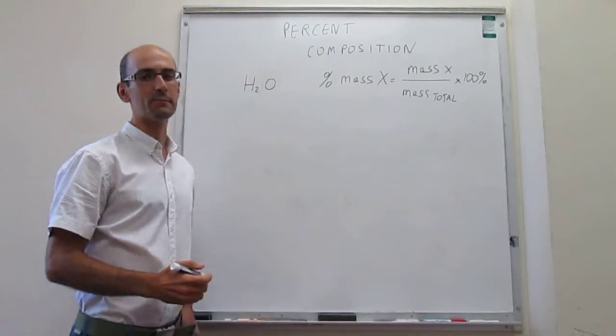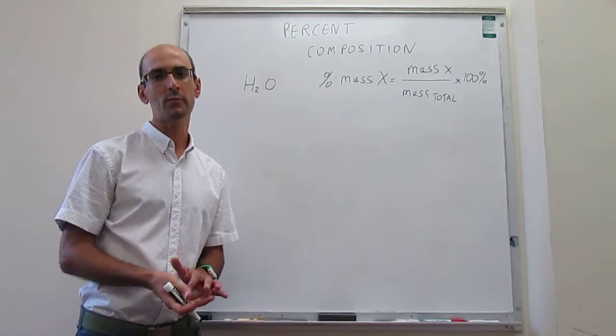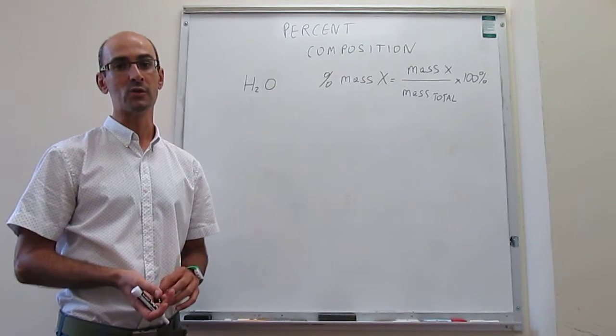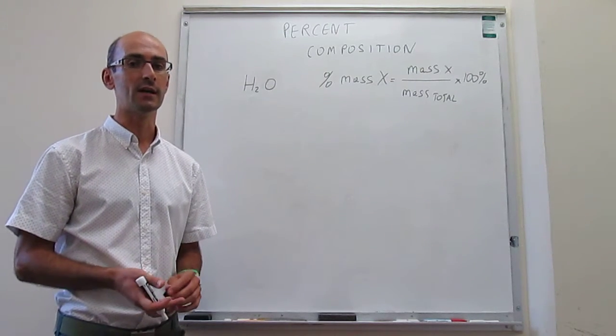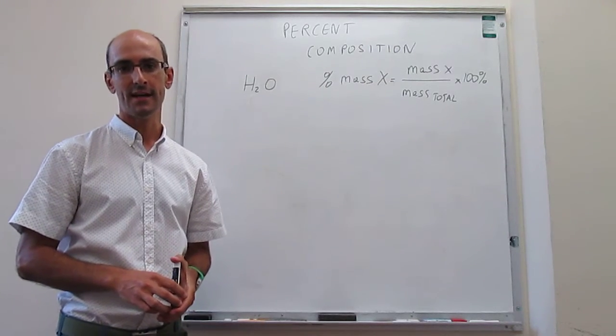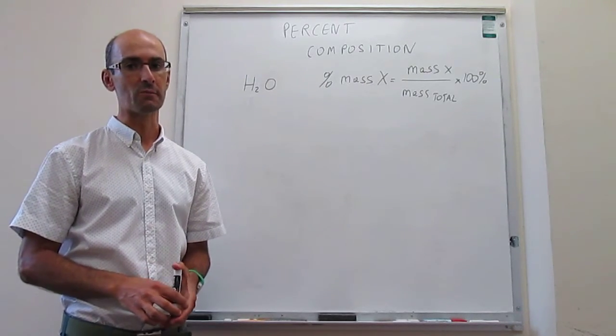So this is very simple. You just take the total mass of that compound, figure out how much of that mass corresponds to the particular element that you're interested in, take the ratio, multiply by 100%, and that will be the percent composition by mass.